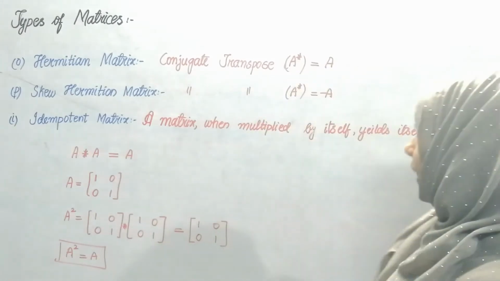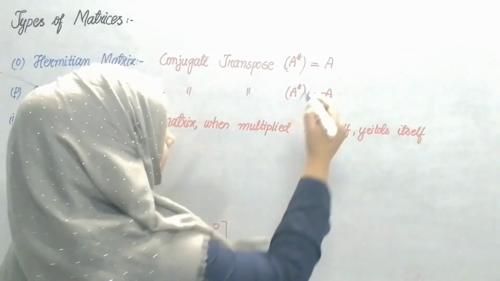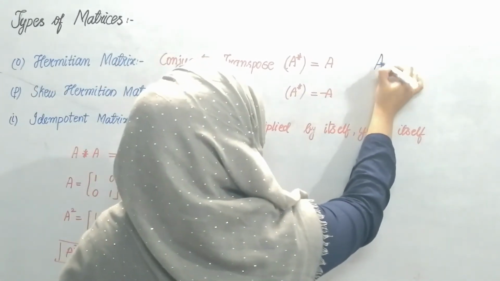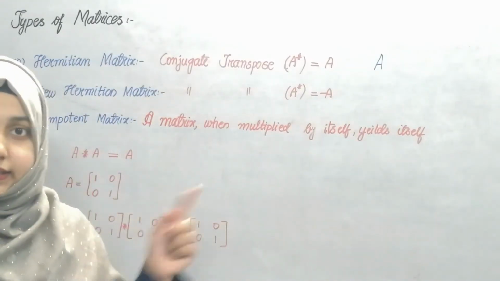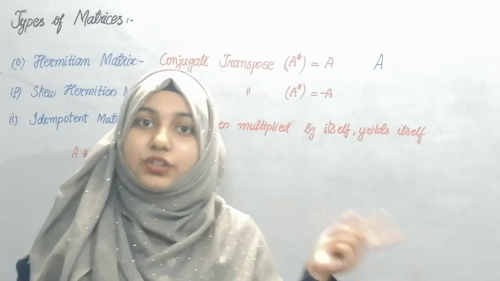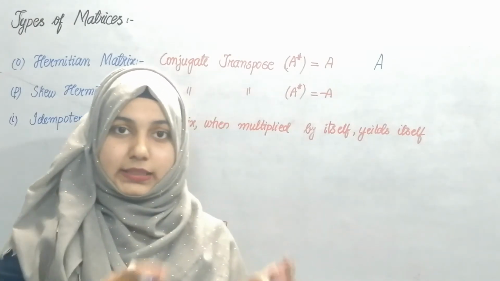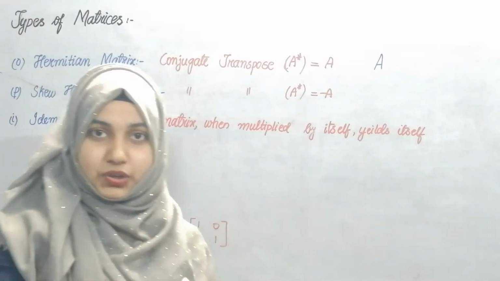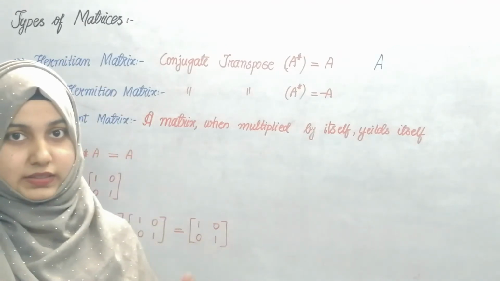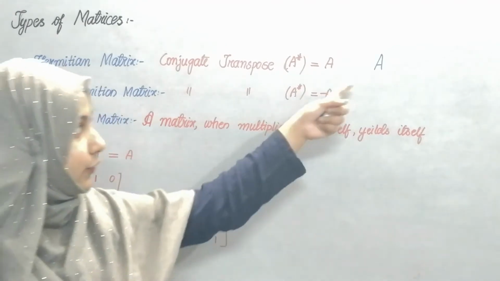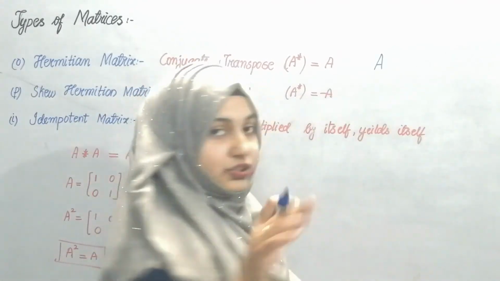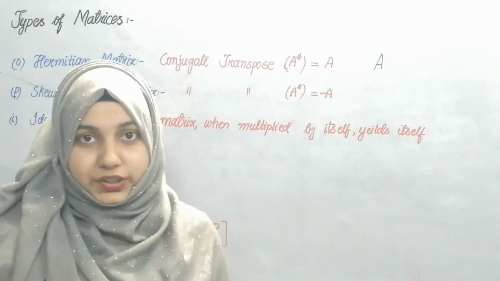Okay? What does that mean? Suppose you have a matrix denoted with A. If you apply the conjugate transpose to this matrix, meaning conjugating then transposing or transposing then conjugating, as we saw previously, it is denoted with A star.